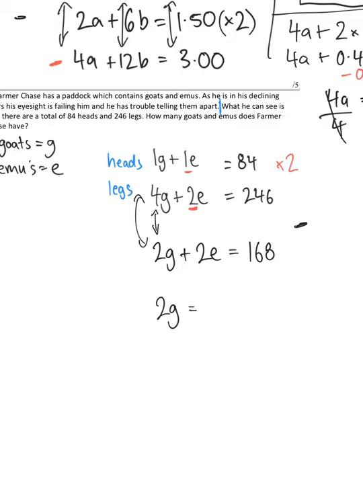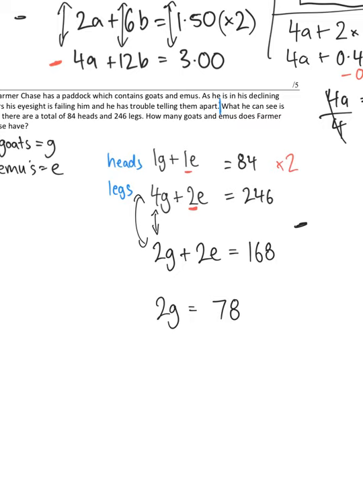Is it 78? 78, I think. I hope I'm right with that. Oh, Monday afternoon, I'm tired too. I'm pretty sure it's 78. I'll just quickly check. Don't want to stuff that. 246 minus 168. Cool, 78.